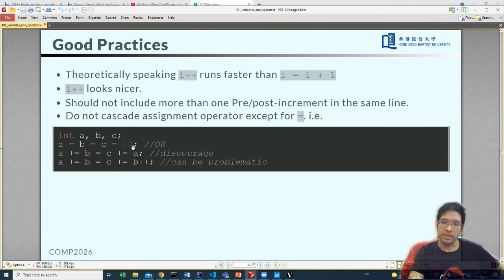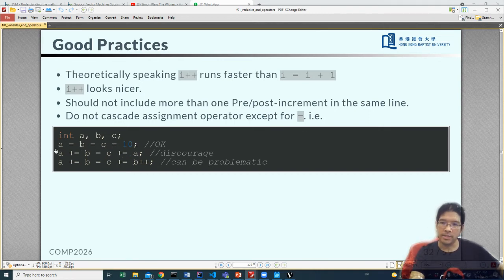Now, this line makes sense where every symbol on the left of the equal sign is a variable, so they can all be placed on the left-hand side, and each of them will have the value of 10. This is rather easy to understand.